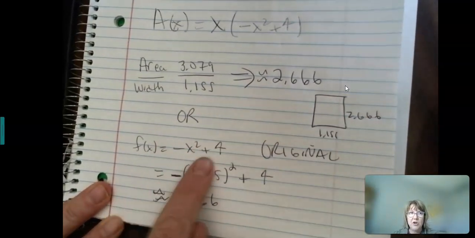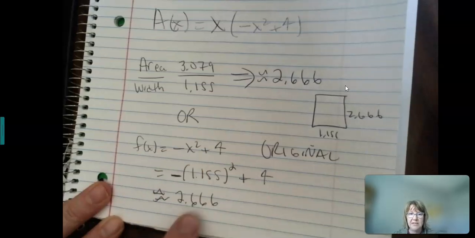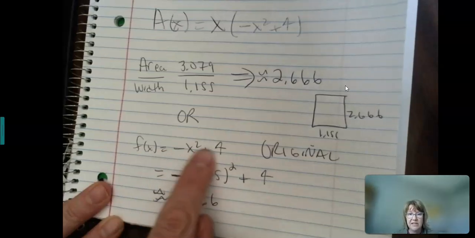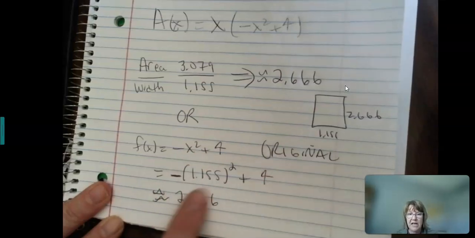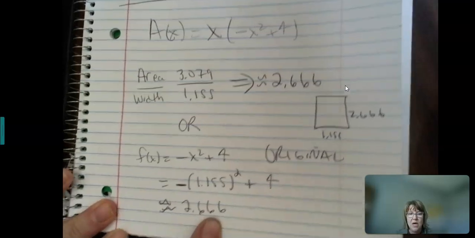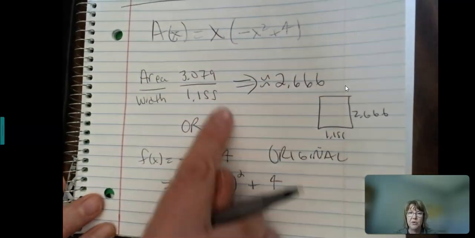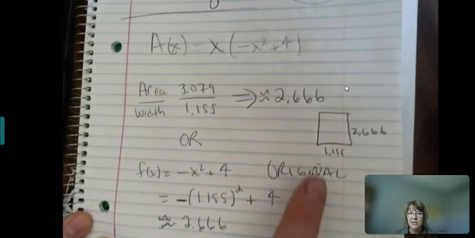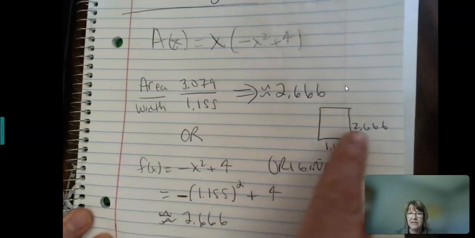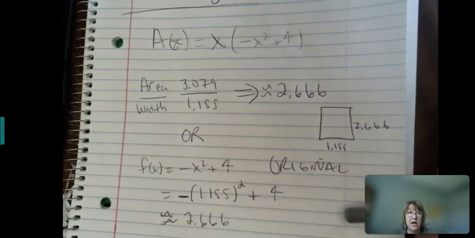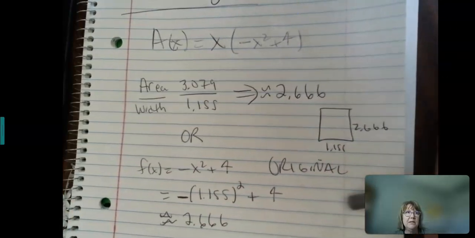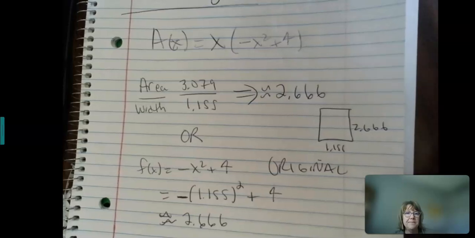Or remember, I could go back to the original function and substitute in my x value, because this has to be a point on that parabola. So if this is my input, I can get my output. Now I'm going to go back to the original graph, not the graph of the area, just the original parabola, to show you that this literally is on it.